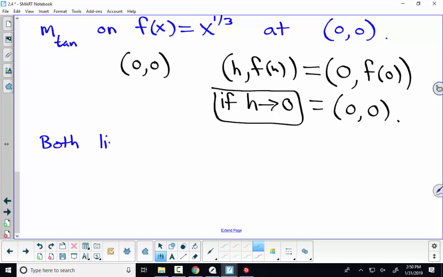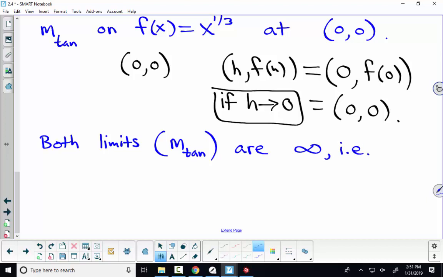Both limits, and just note here that the limits are describing, as we said, the slope of the tangent line. So both of those are infinite.